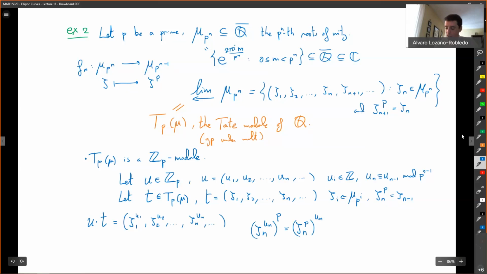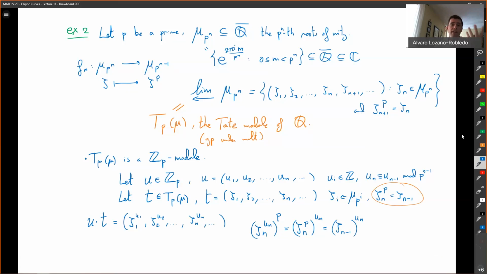Those powers commute, and I know that is the condition here that gives me the previous one to the nth power. But now the n minus 1th root of unity, those exponents, they actually work modulo p to the n minus 1, right?